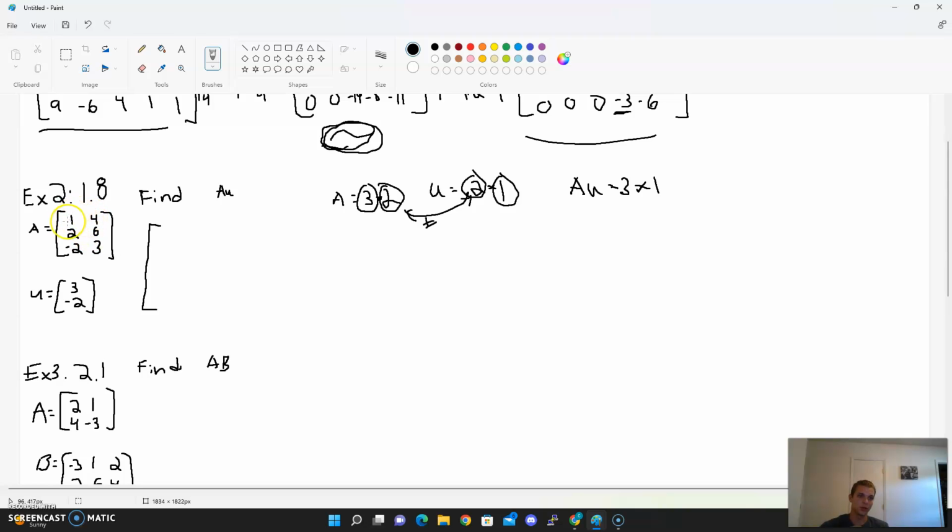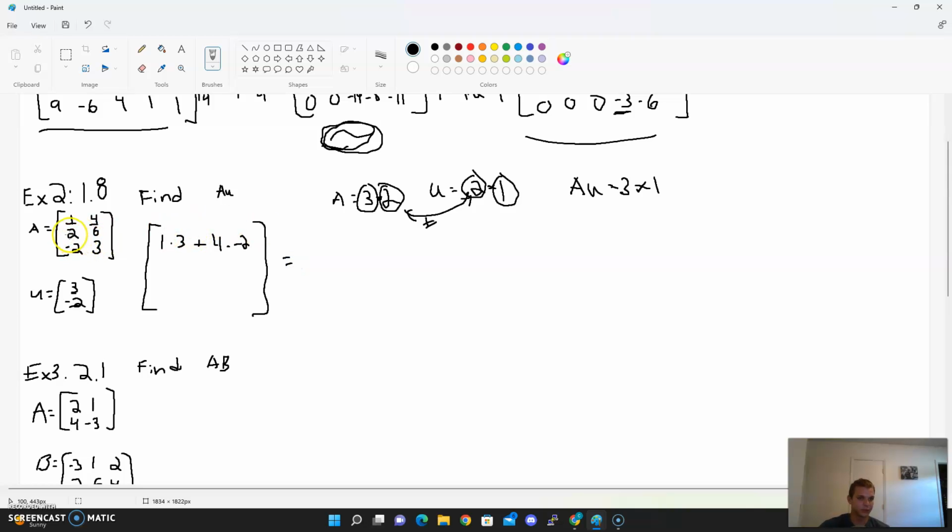It'll be this 1 times this 3. So 1 times 3, plus 4 times negative 2. Once we solve this, that'll be our first number.